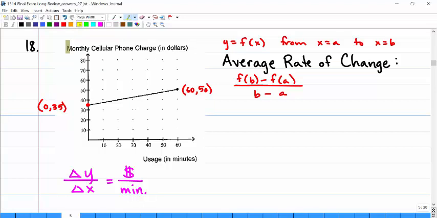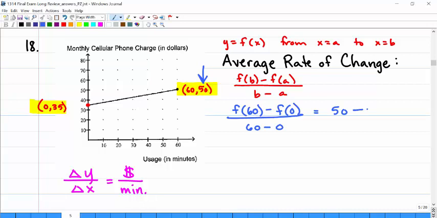So I want to find the average rate of change between these 2 points. To do that, I'm going to do f of 60 minus f of 0 over 60 minus 0. F of b, which will be 50, minus f of a, so f of 0, which is going to be 35, over 60 minus 0.